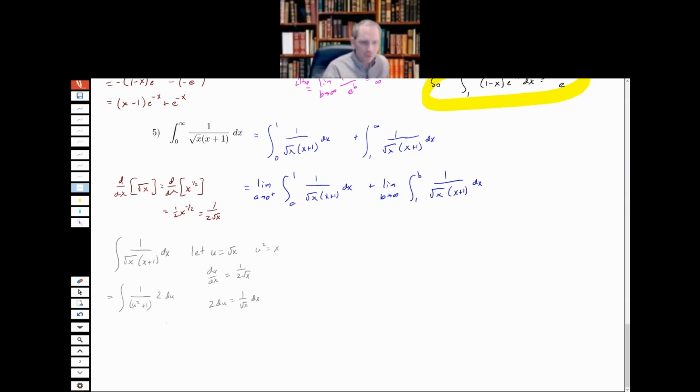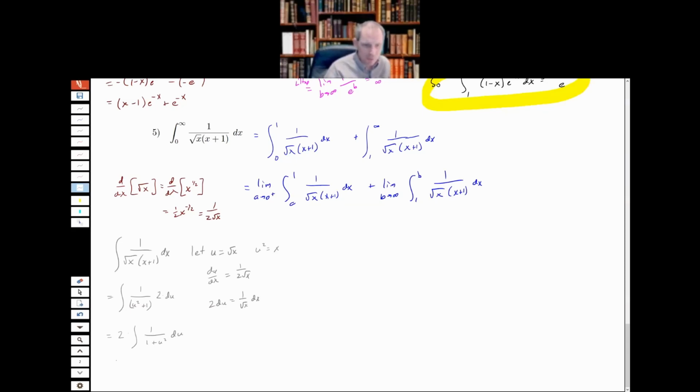Okay, this looks like something that I can integrate. I'm just going to rewrite it a little bit, just in case you're looking at it and thinking, I don't know what that is. If I just swap these, instead of u squared plus 1, I write 1 plus u squared. Oops, not dx, du. I know from back in Calc 1, when we looked at inverse trig functions, the derivative of arctangent of x was 1 over 1 plus x squared.